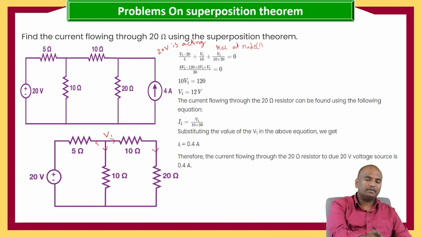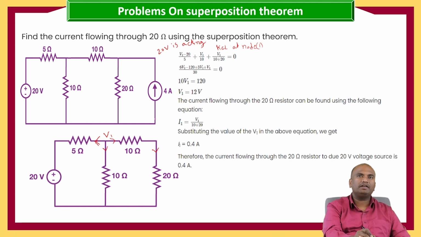So here the current flowing in this particular direction in the 5 ohm resistance is V1 minus 20 by 5, because we are assuming that this voltage is at higher potential. V1 minus 20 by 5 plus V1 by 10 plus V1 by 10 plus 20, because this 10 ohms and 20 ohms are connected in series, equals 0.